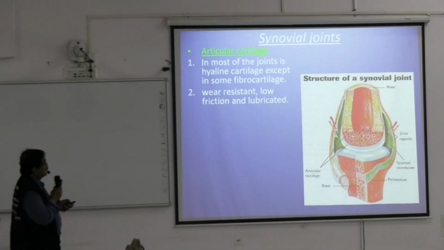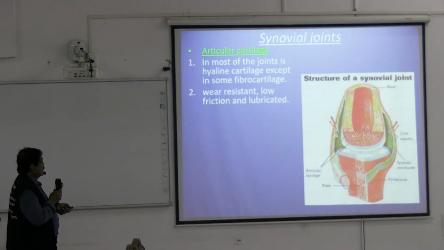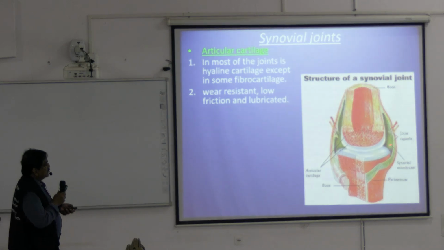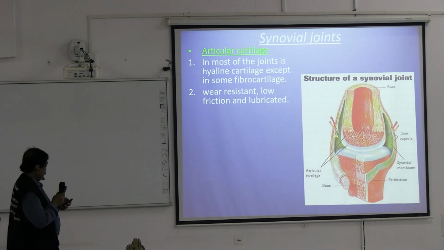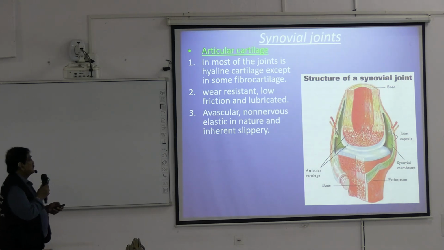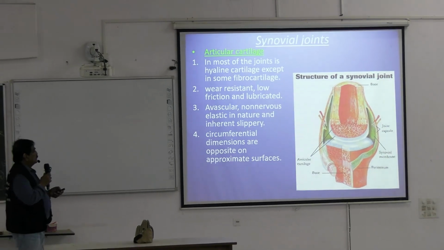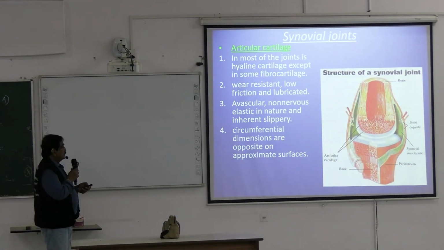Now, the structure of the synovial joint, you can see the articular cartilage here, bone, this is the periosteum, this is synovial membrane, and joint capsule. Avascular, non-nervous, elastic in nature and inherently slippery.